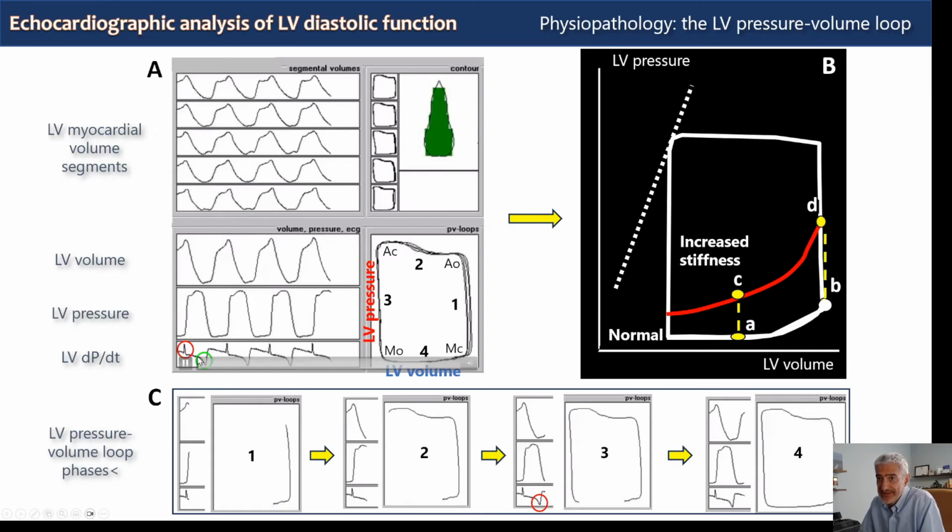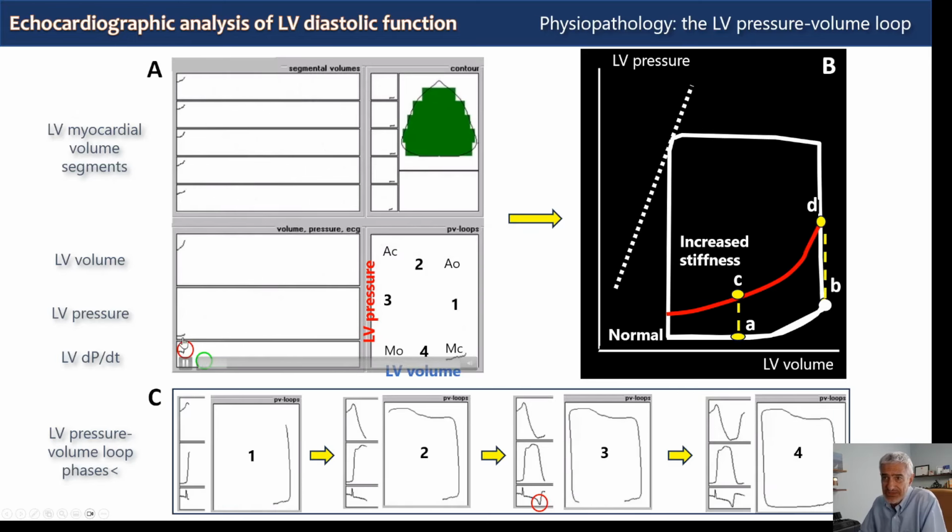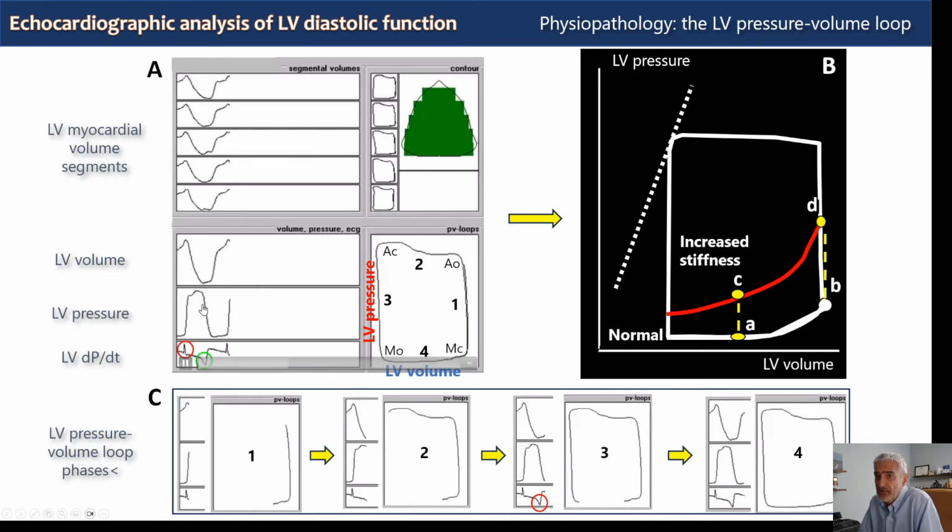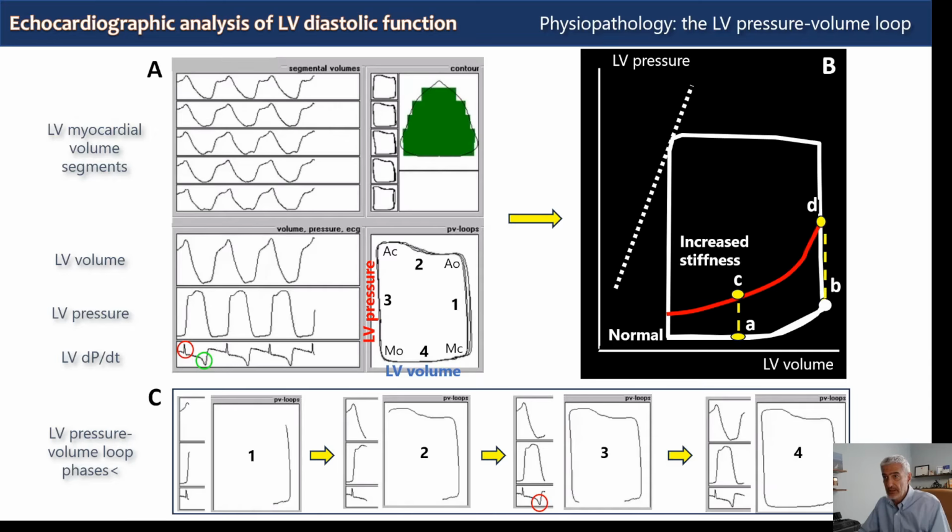And this first derivative has two peaks. The first one, in red, during isovolumic contraction and the rapid rise of pressure, and the second, here in red, during the rapid decrease during isovolumic relaxation. We'll come back to these in a minute.